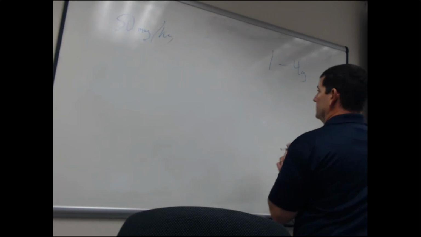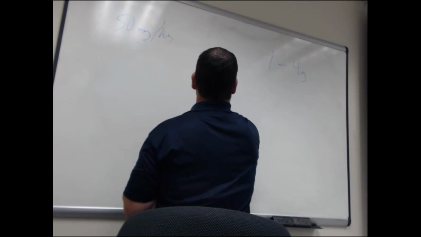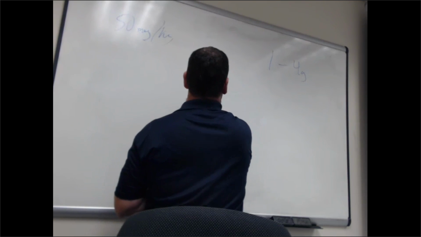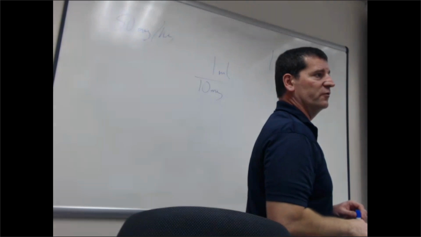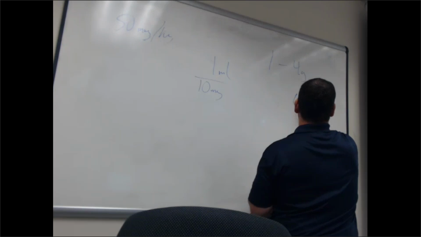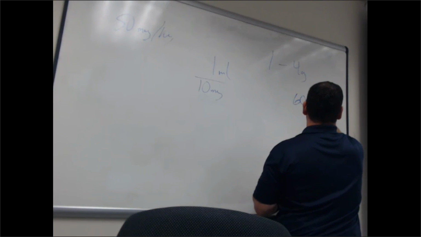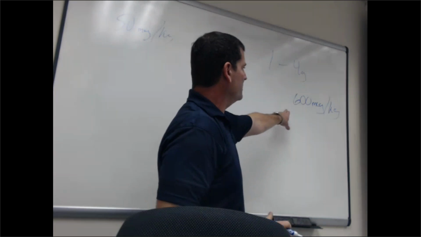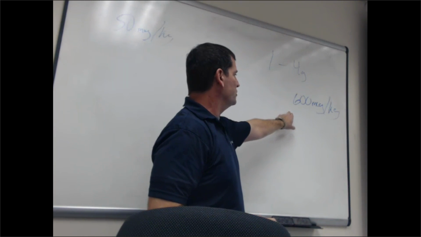Rocuronium. Okay, 10 milligrams per milliliter. And what's our dosage of rock we give people? 600 micrograms per kilogram. The only reason I'm bringing this up is Trevor asked me a question the other day.